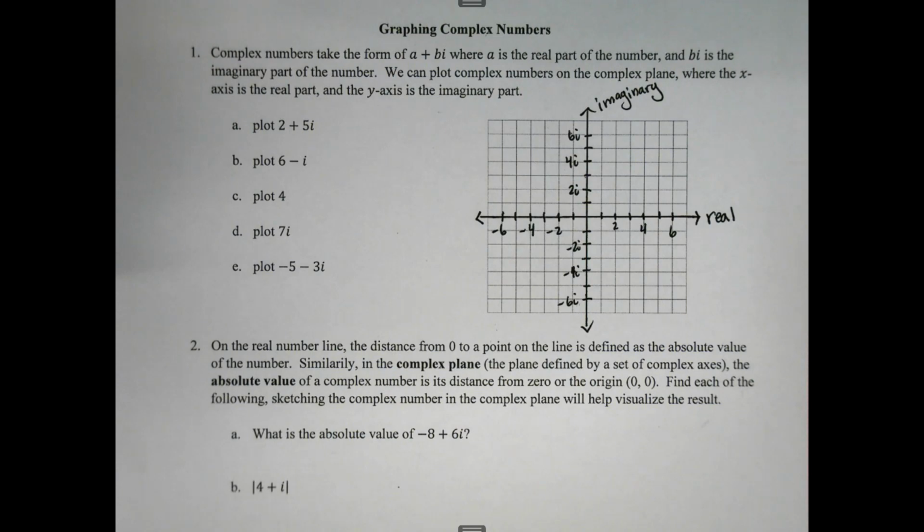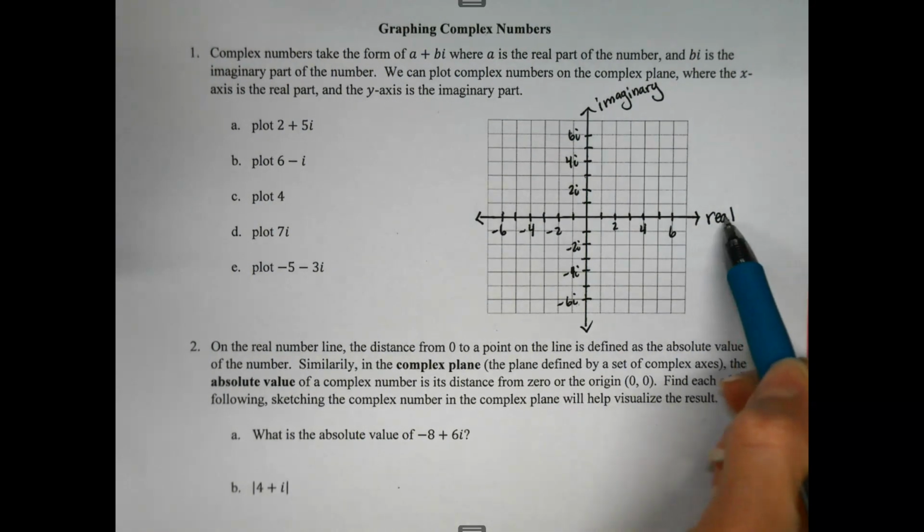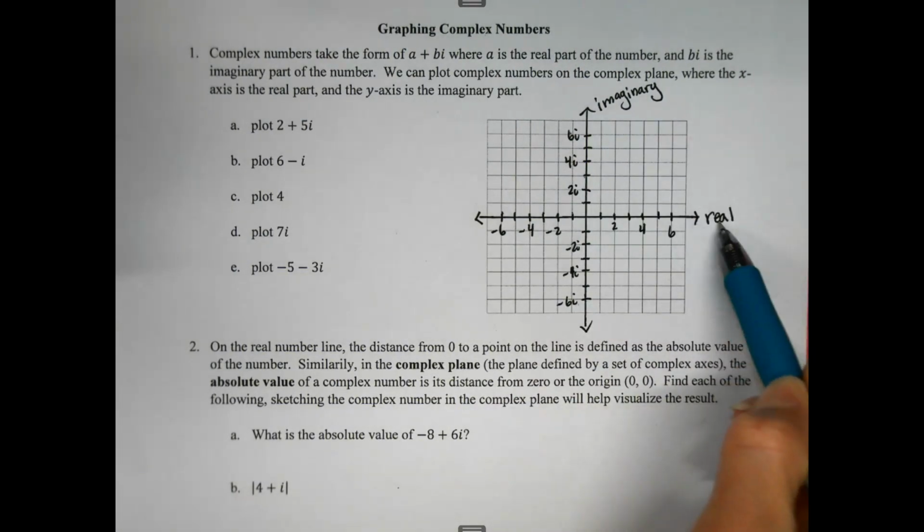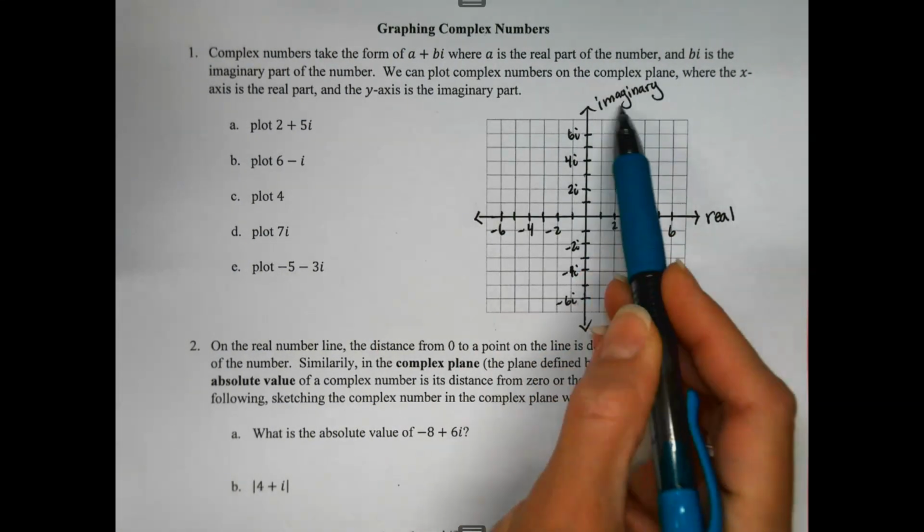We can plot complex numbers on the complex plane, where the x-axis is the real part and the y-axis is the imaginary part. Essentially, we're thinking about a coordinate plane very similar to what we've talked about before. However, now instead of the x-axis and the y-axis, it's the real axis and the imaginary axis.